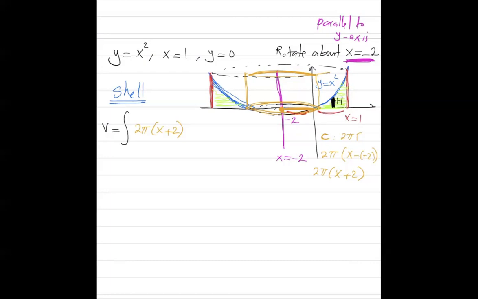This is your height. From the top, it's bounded by x squared, right? So the height is x squared minus 0, or just x squared, and then dx.